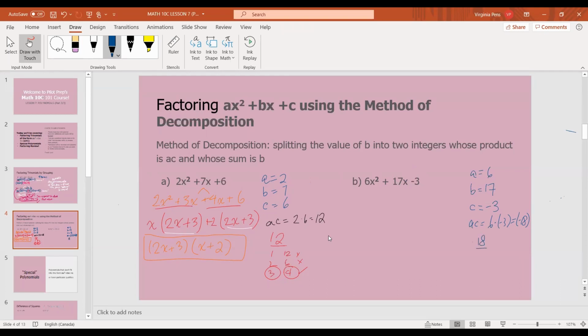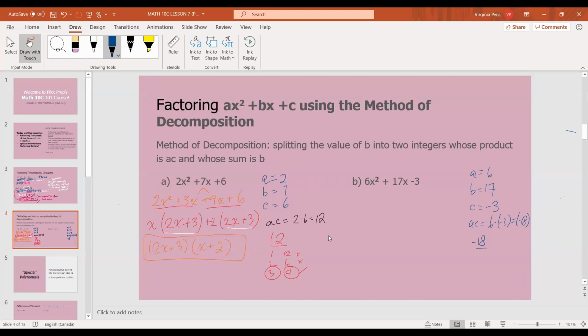expression. So now same thing, we want to find factors of negative 18 that add up to positive 17. Now how is this possible? Well, we're just going to have to try. Remember that a negative product always has one of its factors being negative and the other being positive, because a positive times a negative is a negative, right?